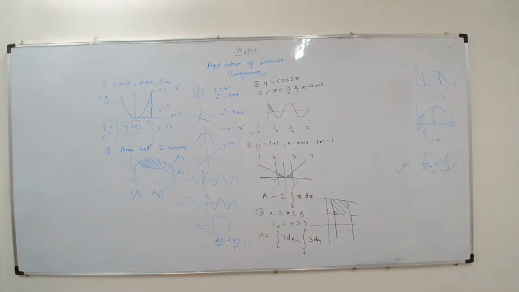Next question. The area of the region bounded by curve y is equal to x cube. X cube. And the lines y equal to 27 and x is equal to 0.